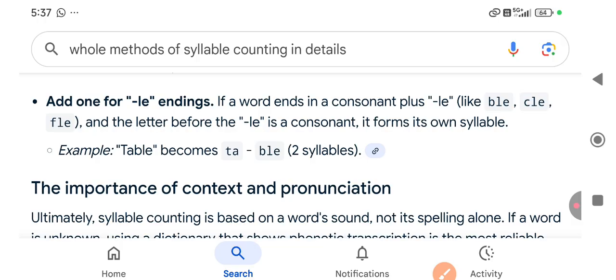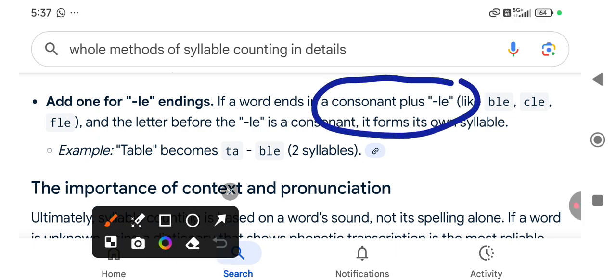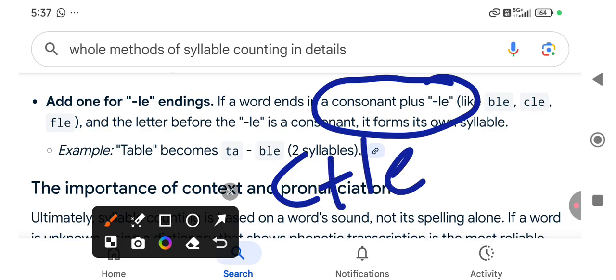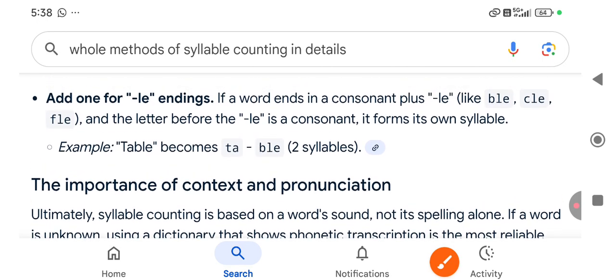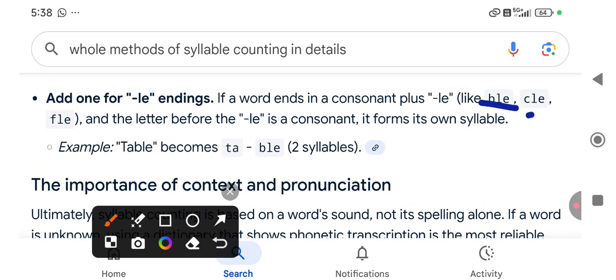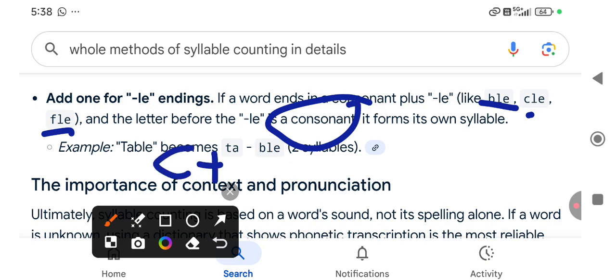When a word ends with a consonant plus le, like bull, kal, file, fal, and the letter before the le is a consonant, the condition is consonant plus le.